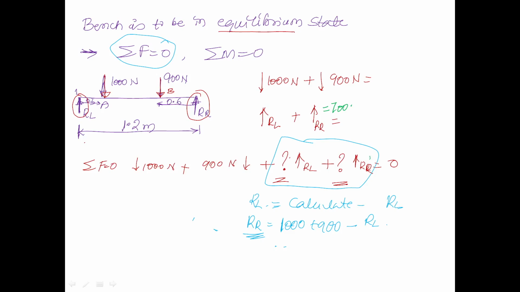Once you got the RR value here, now let us substitute. 1000 is acting in a down direction, 900 is acting in a down direction, which is equal to RL plus RR.